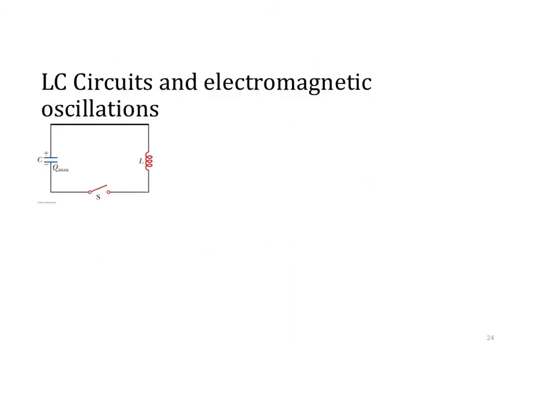So if we've got an LC circuit, an inductor and capacitor circuit, in this way, we've got a differential equation that looks like this, that we know we have a solution to. We know our solution would look like this.